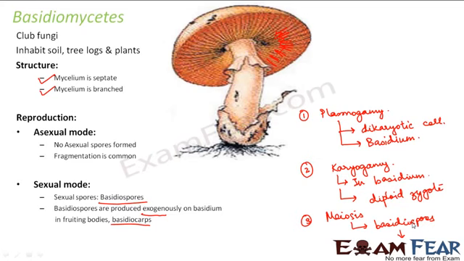This basidiocarp is the entire reproductive structure. When a basidiocarp is formed, again plasmogamy will happen, basidium will be formed, in basidium karyogamy will happen, meiosis will happen, basidiospores will be formed. Clear? I hope you are clear with the process now, because if you understand the concept of sexual reproduction in fungi, it is not at all difficult to understand it for each of these types, because the basic process remains the same.